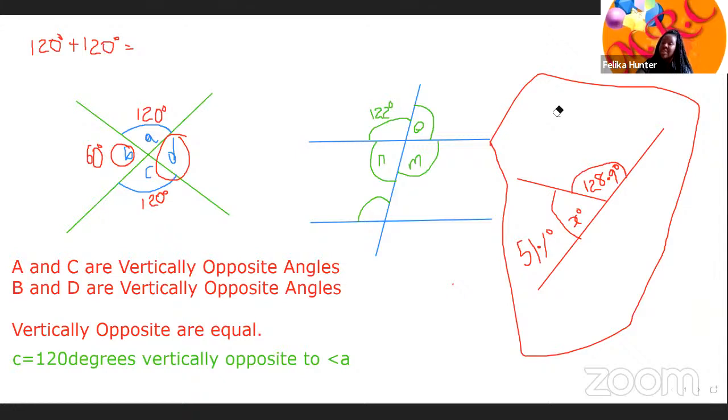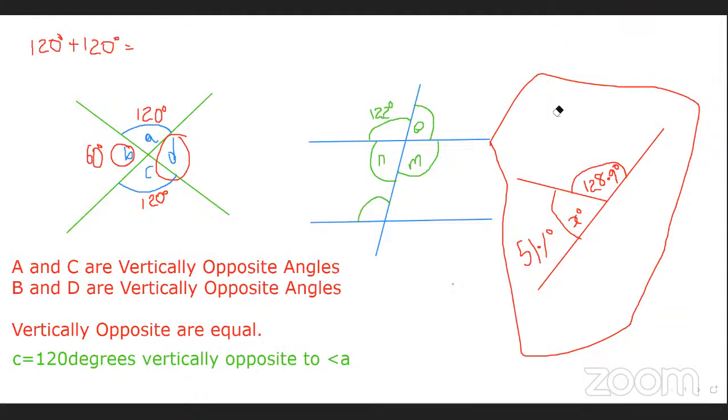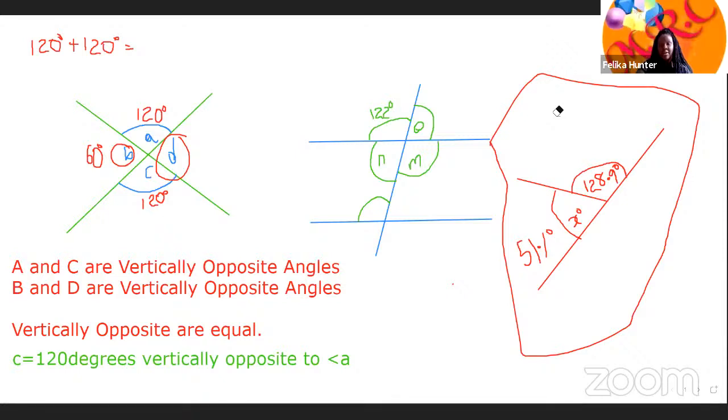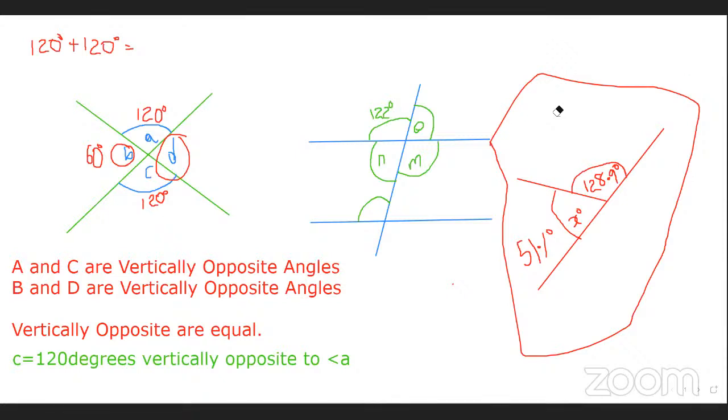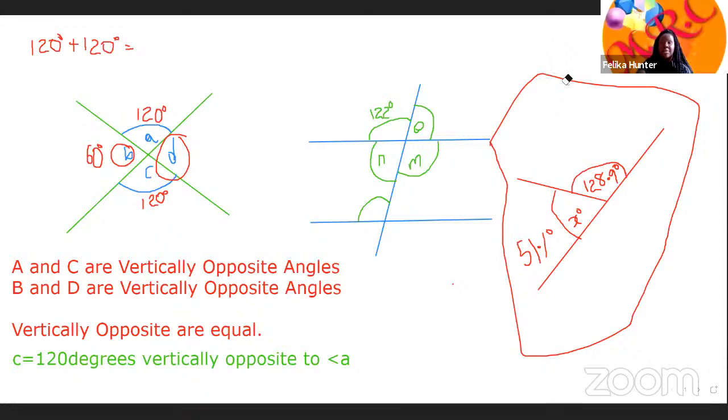It's a corresponding angle. What type of angle is it? Vertically opposite? No, that's not vertically opposite. Straight angle. Yes, so angles on a straight line.